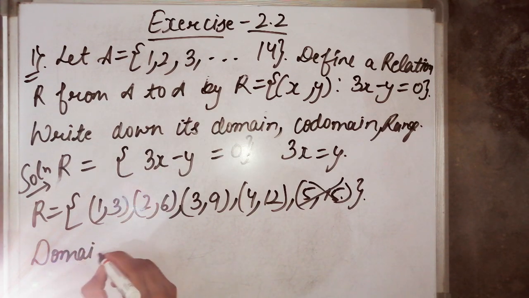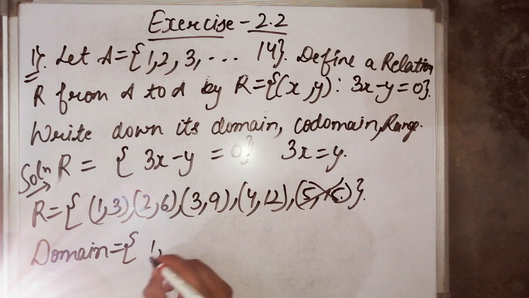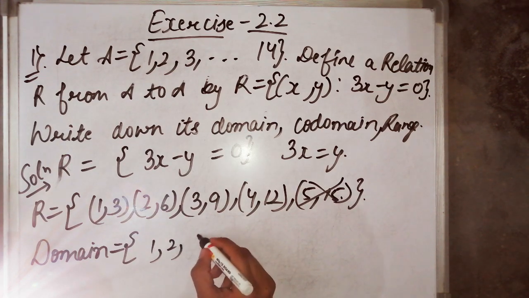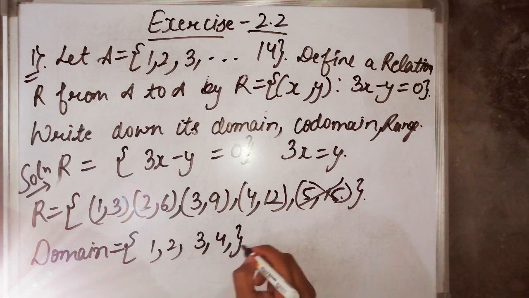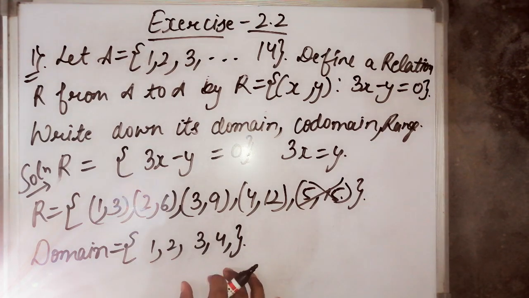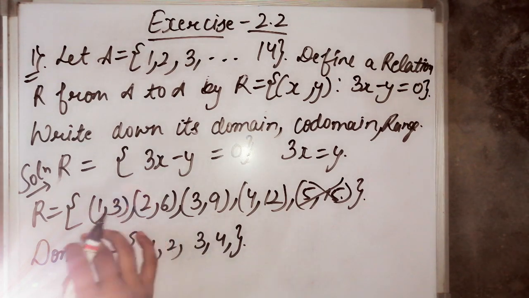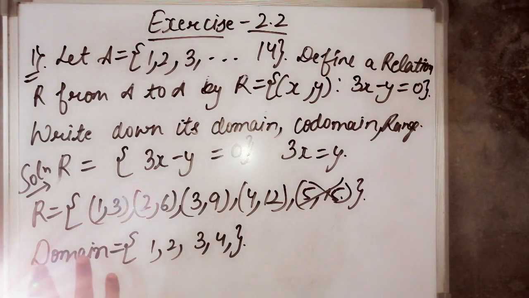Domain is 1, 2, 3, 4, because we have put the input of 1, 2, 3, 4.